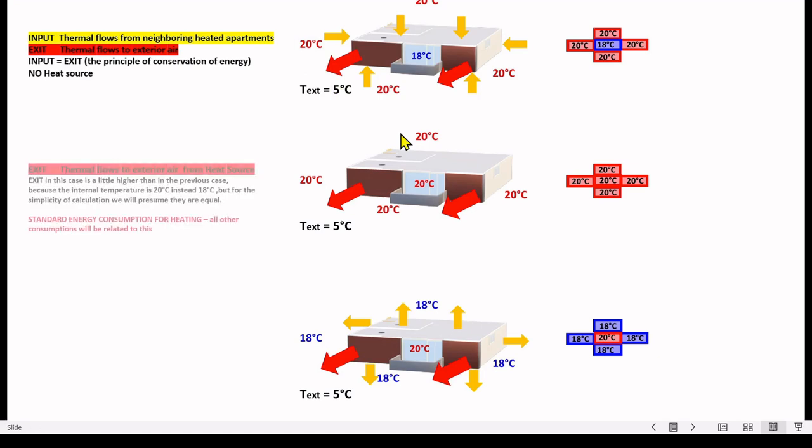Another situation is our heated apartment at 20 degrees surrounded by 4 neighboring, also heated, apartments at the same temperature. So the flows internally between apartments are 0 because the temperatures are identical, and the thermal flow to exterior air is from the heat source.